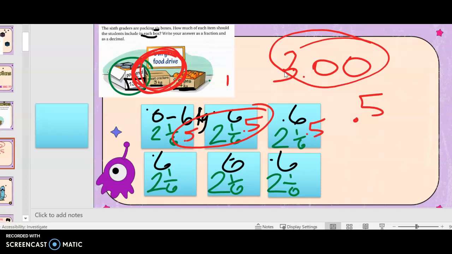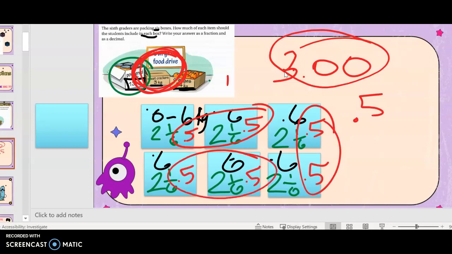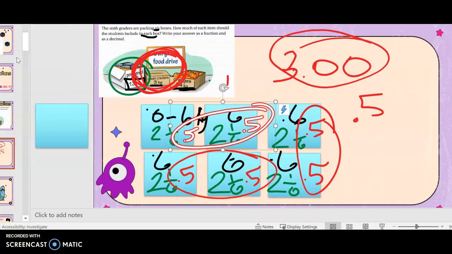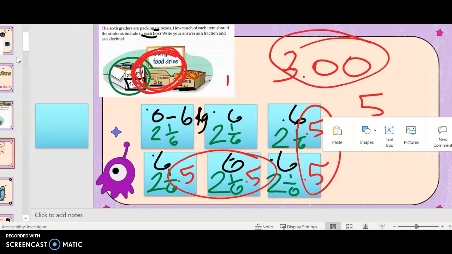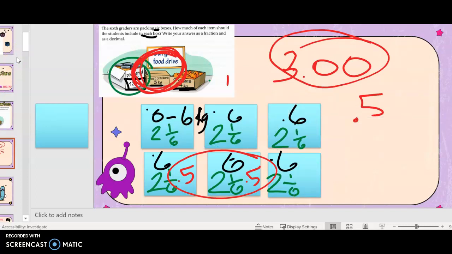What about another 0.5 and another 0.5? That's 2, and another 0.5 and another 0.5, and that's 3. So if I just did 0.5 in each one, then what I've done is divided 3 into 6 equal parts.